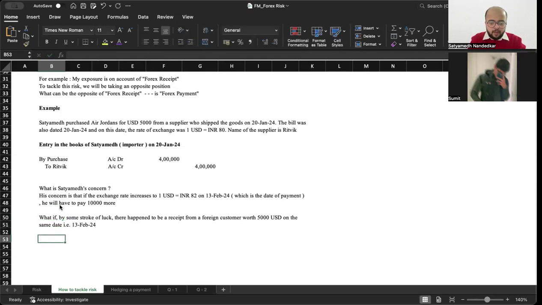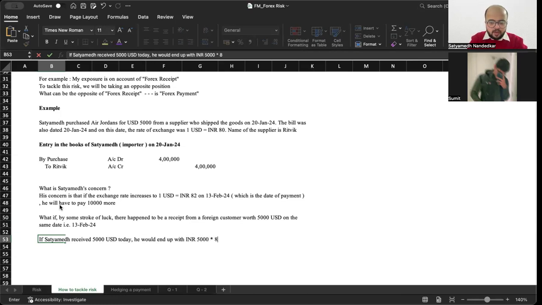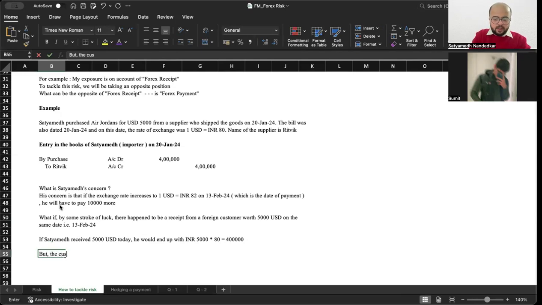Now, if Satyamedh received 5,000 USD today, he would end up with INR 5,000 into 80, which is 4 lakh. But the customer is not paying him today.